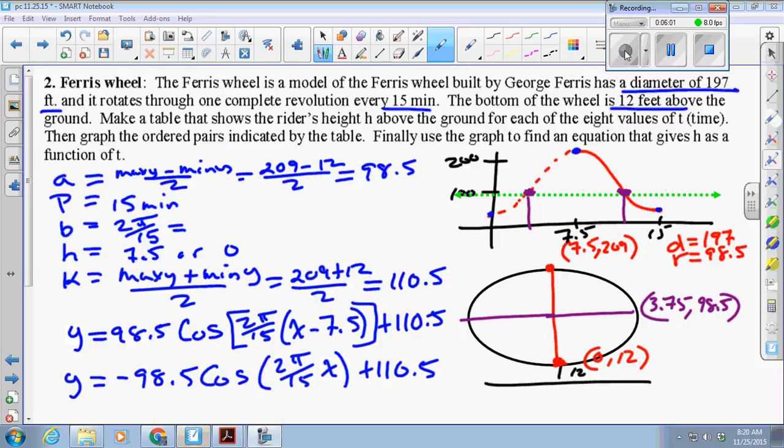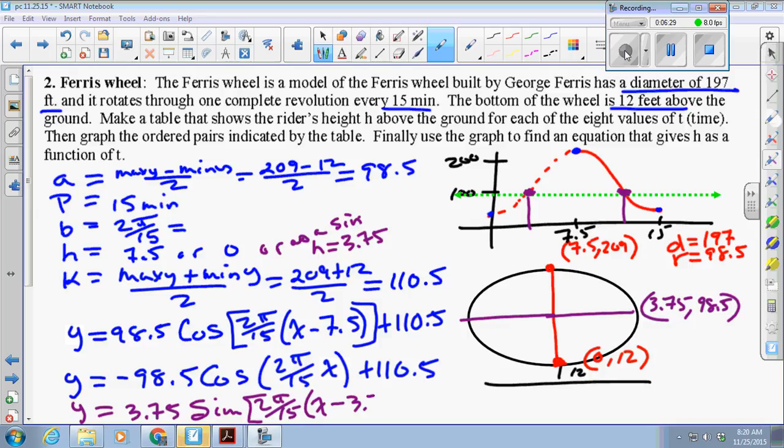So my sine function, if you will, is now, as a sine, h equals 3.75, y equals 98.5 sine 2 pi over 15, x minus 3.75 plus 110.5.